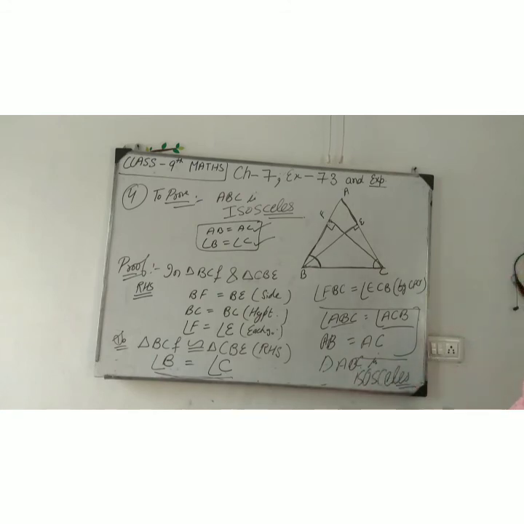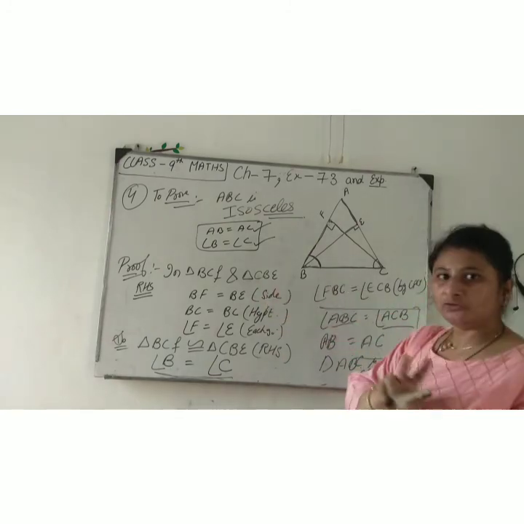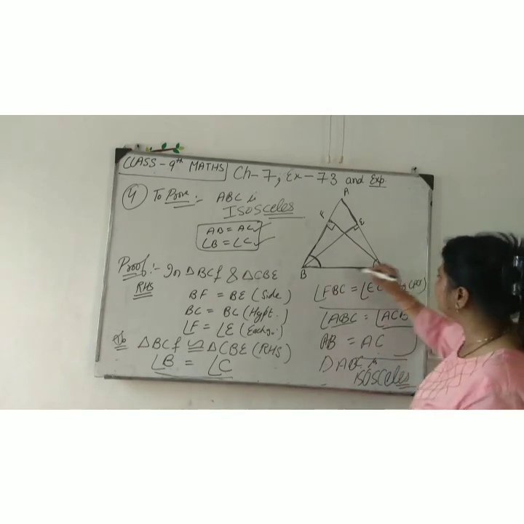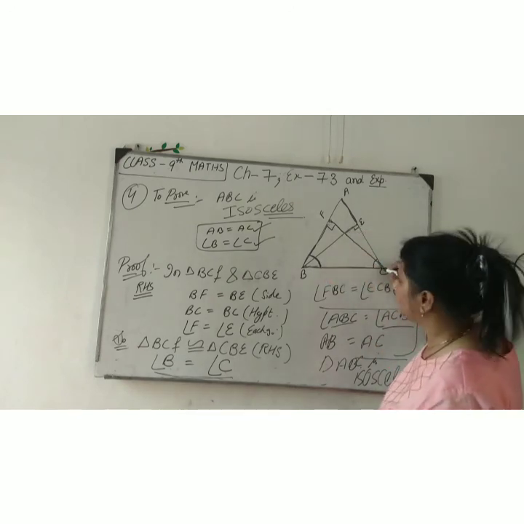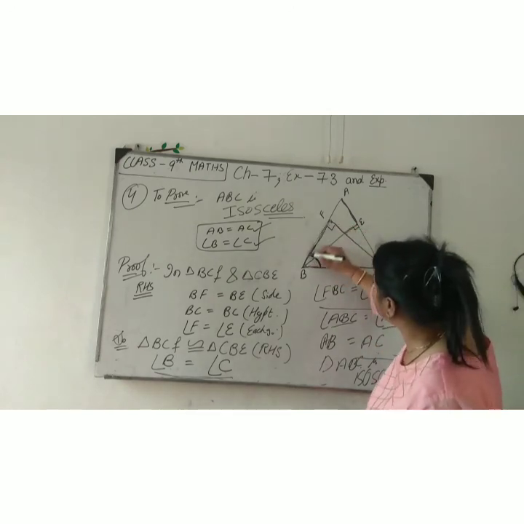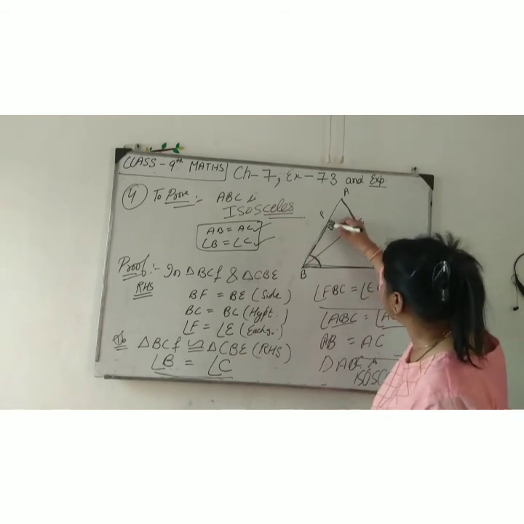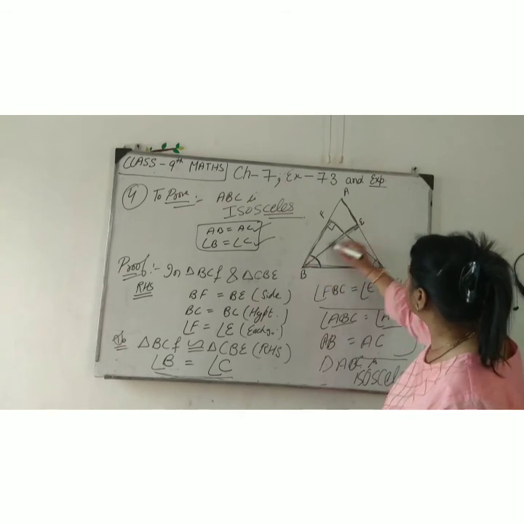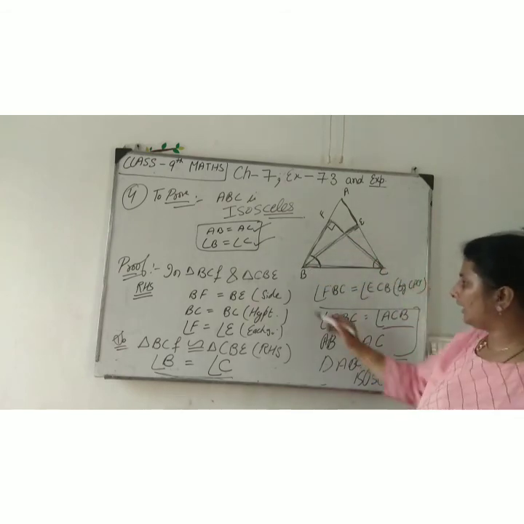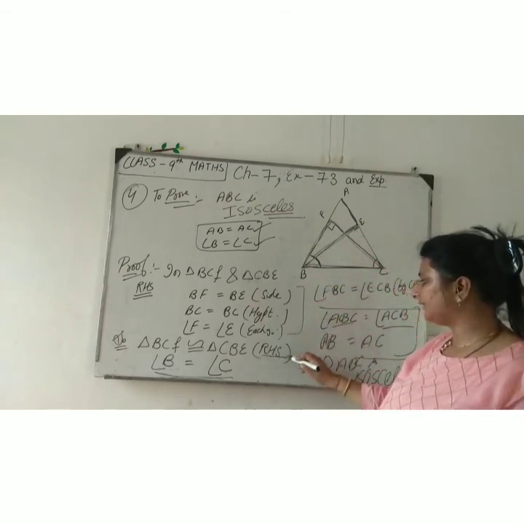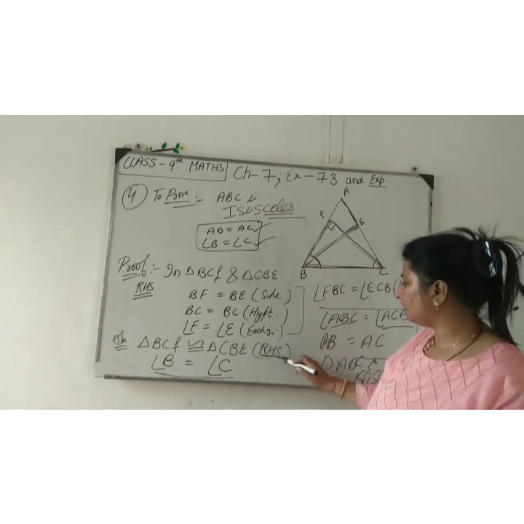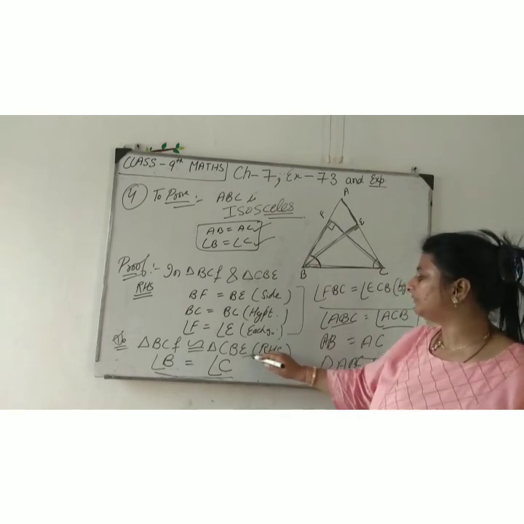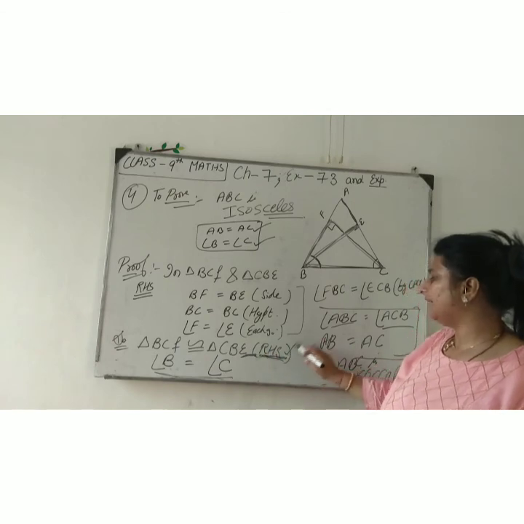Hence, I repeat once again with this figure. First, I am considering two triangles in the figure: BCF, and second CBE. So I am using the property RHS, because according to the statement I just proved these congruent by RHS.